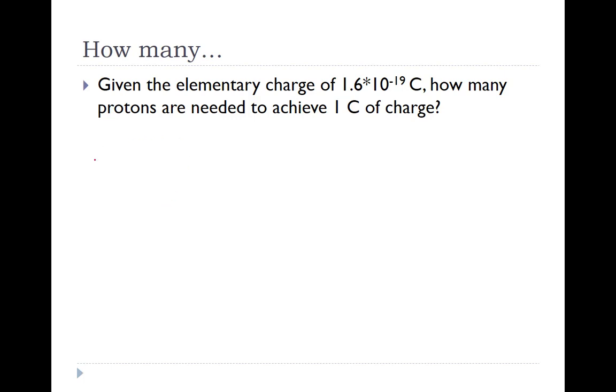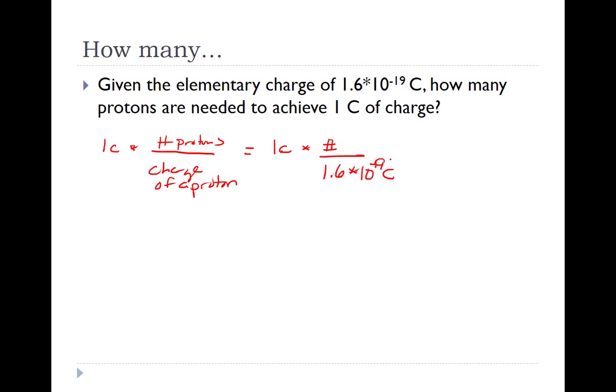If I take the 1 coulomb of charge and multiply by the number of protons divided by the charge of a proton, I get 1 coulomb times a number divided by 1.6 times 10 to the minus 19 coulombs, because that's the charge of an individual proton, which leaves me with just the number of protons.